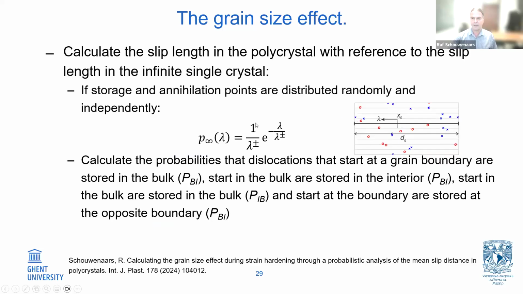So for randomly distributed independent points, this will be an exponential distribution, and you can calculate the probability that the dislocation that starts at the grain boundary is stored in the bulk, one that starts in the bulk is stored in the interior, one that starts in the bulk and is stored in the bulk, this must be PII, and one that starts at the boundary and is stored in the opposite boundary, which should be PBB.